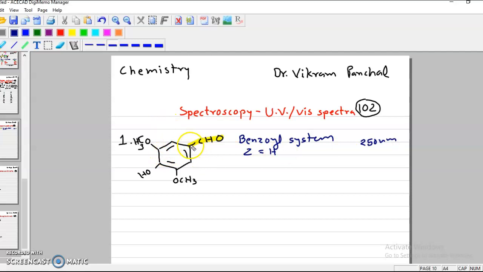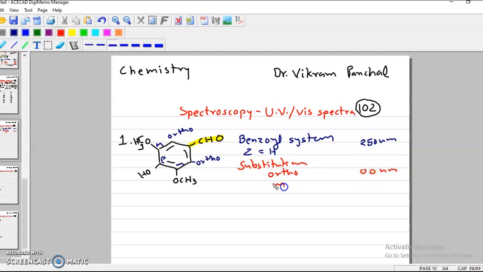Now with reference to this carbon, this is ortho, this is ortho, then we have meta, this is also meta, and this will be para. Substitution at ortho position: there is nothing, so for ortho nothing.